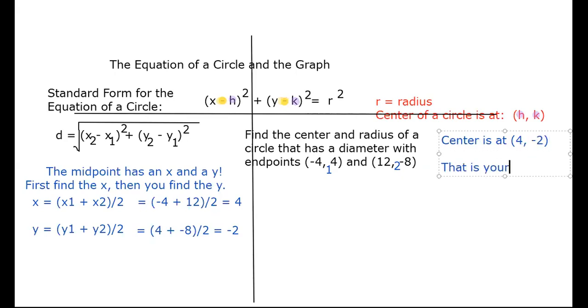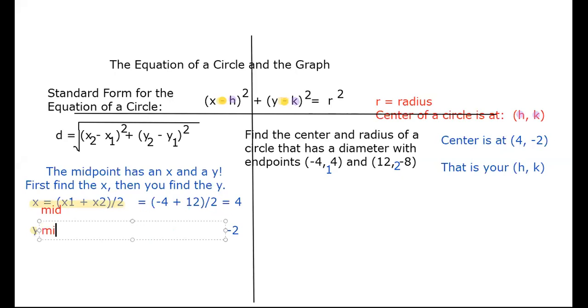That is your h, k. We've got half of our formula right there. h is 4, k is -2. I would write these down in my notes to find the midpoint X and the midpoint Y. That is the X midpoint, not just any old random X, it's the midpoint coordinate. Okay, and the Y part of the midpoint.